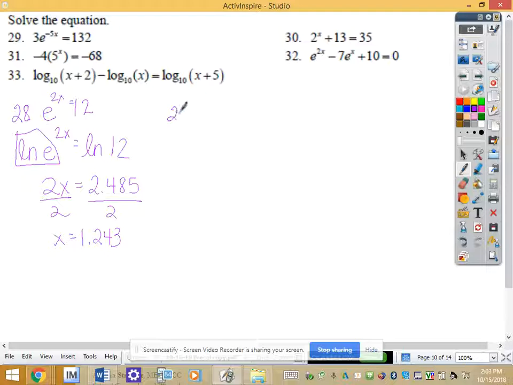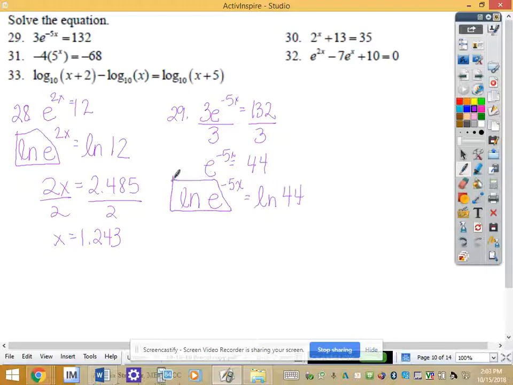In number 29, you have a 3 out in front of your e. So that is the first chore, is to get that e by itself. So I have to divide by 3. It's multiplied right now, so the opposite is going to be to divide. And that's going to give me 44. To get rid of e, I need to do the natural log, or ln, of e and natural log of 44.